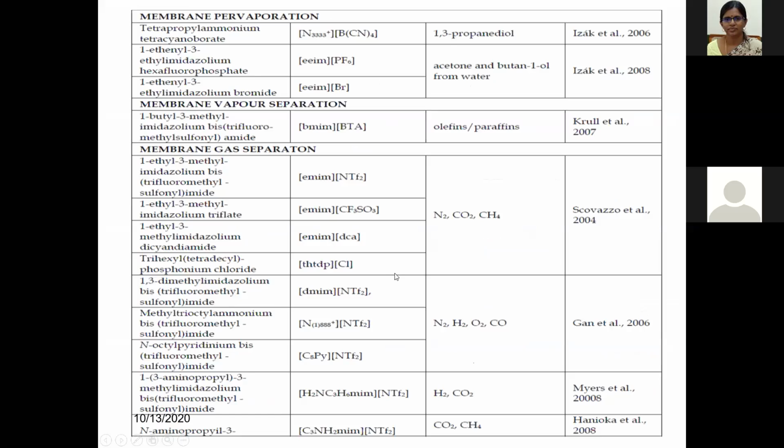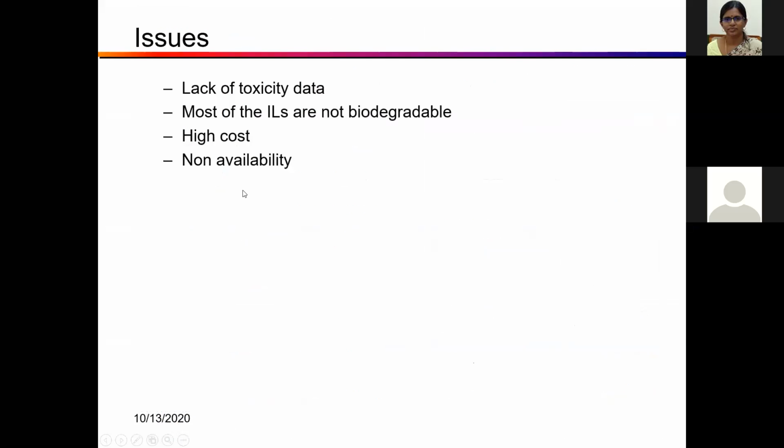Okay, now come to the issues. What are the issues related to the use of ionic liquids? So number one, if you go to the market and you ask for a particular ionic liquid, many people may not have heard of it. Even if you go to Sigma Aldrich or many companies, they say that if you have an innovative ionic liquid, they don't have it, because ionic liquids are evolving day by day.